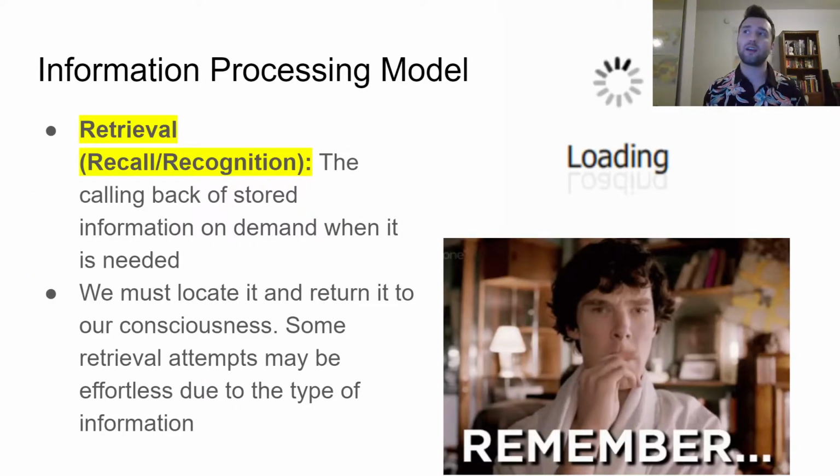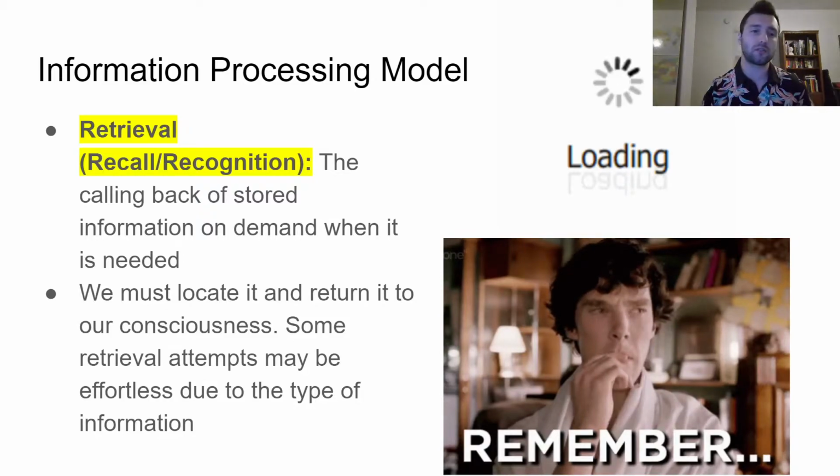The last step of our information processing model is what is called retrieval. There are different types of retrieval. We will talk about them a little later when we're talking about how to improve memory and problems with memory. The two types that we're going to focus on later are recall and recognition.